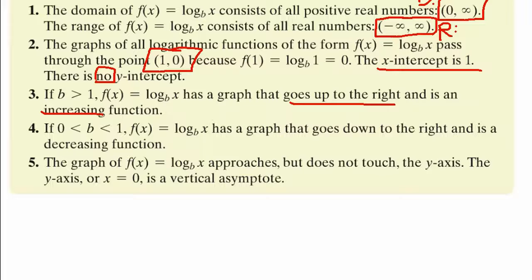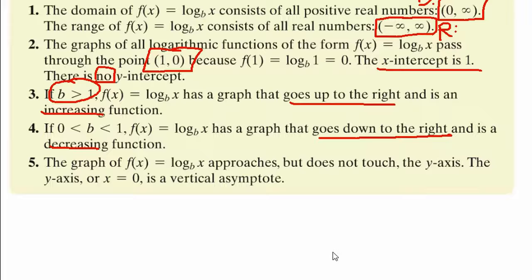If your b value is between 0 and 1, the graph goes down to the right and is a decreasing function. So if your base is bigger than 1, you increase, and basically when that base is between 0 and 1, it ends up reflecting over your y-axis.